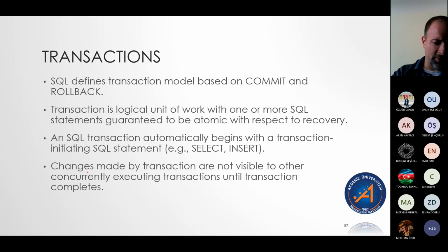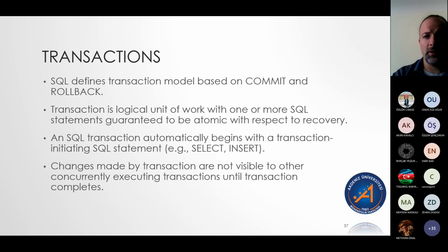Once the commit happens, changes you've made are visible to you and to others. If a rollback happens, your version of the database goes back to what everyone else sees. Okay. All right.